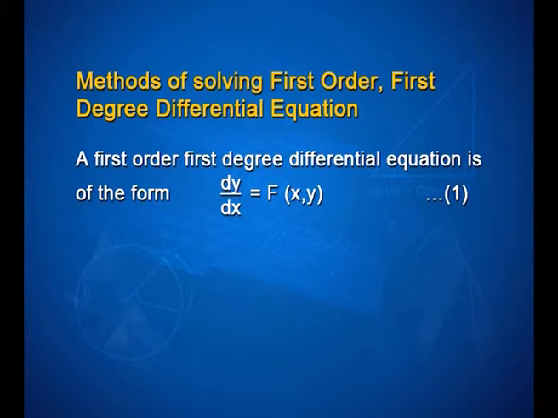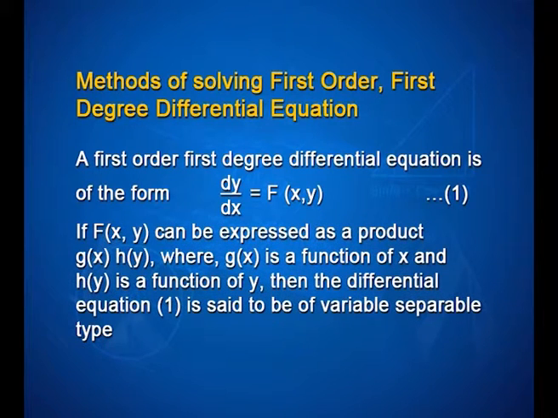Let us look into the first method, differential equations with variables separable. A first order, first degree differential equation is of the form dy upon dx is equal to f of (x, y). Take this as equation 1.